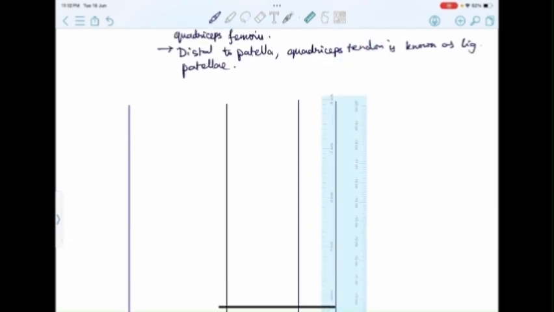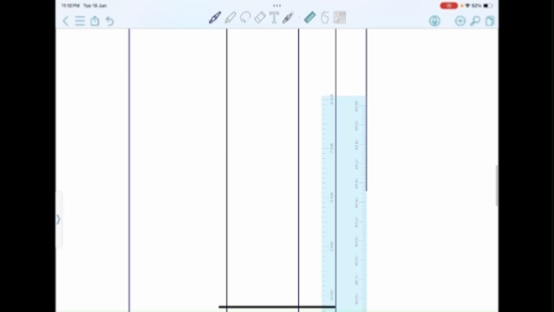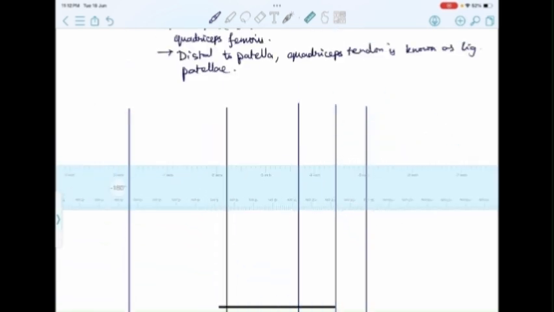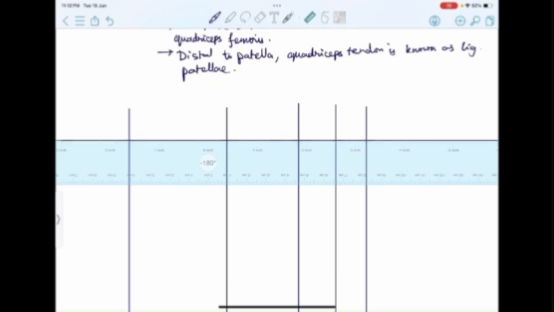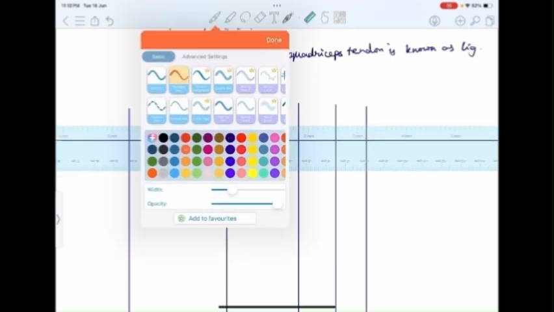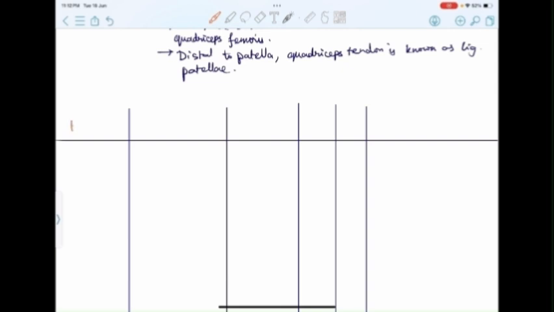Nerve root, an even smaller column. Finally, the actions, a big column. This is a different color, orange. Looks nice. Muscle, origin, insertion, nerve supply, nerve root, action. Wonderful.